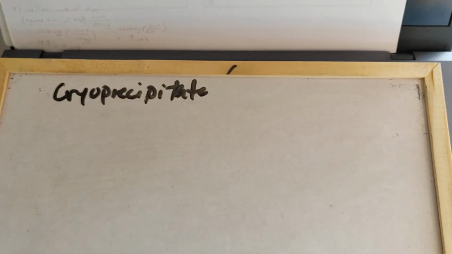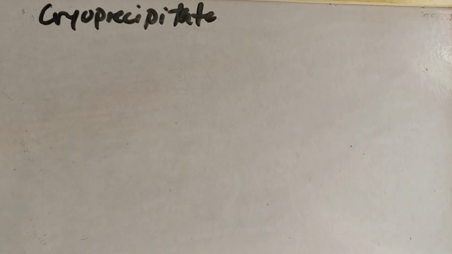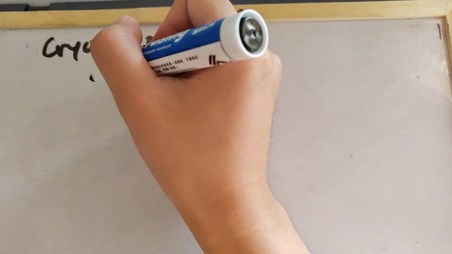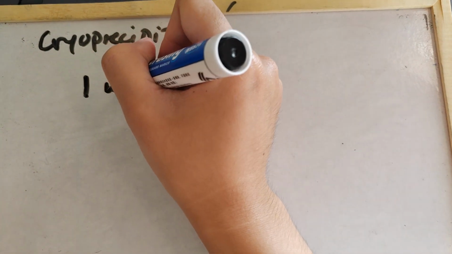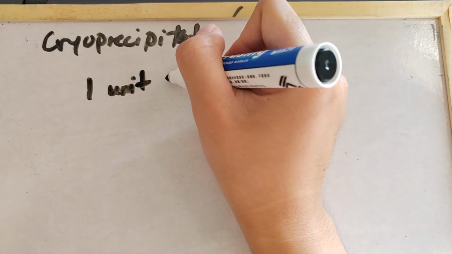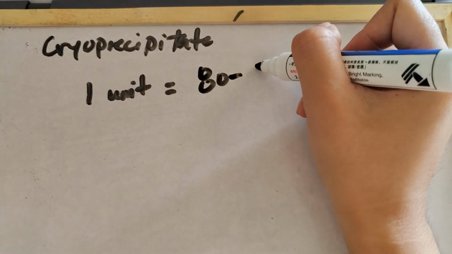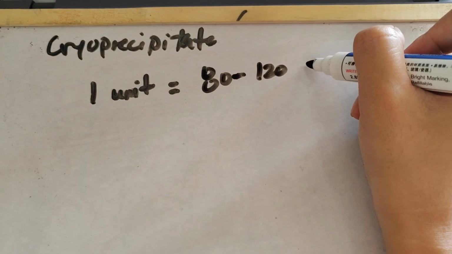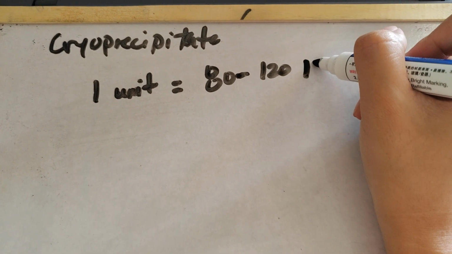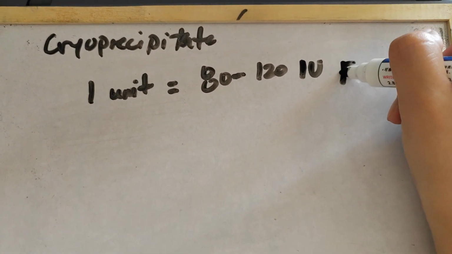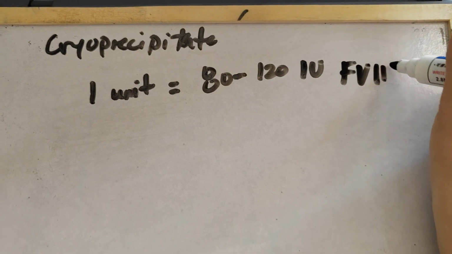Okay. For our next one, we will be talking all about cryoprecipitate. Before we start, take note of this. 1 unit of cryoprecipitate would give you 80 to 120 IU, International Units, of factor 8.